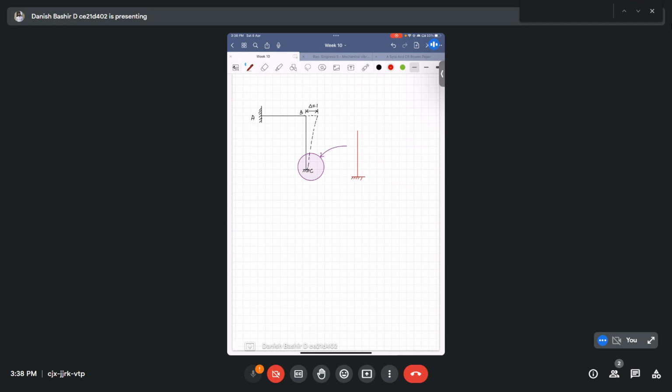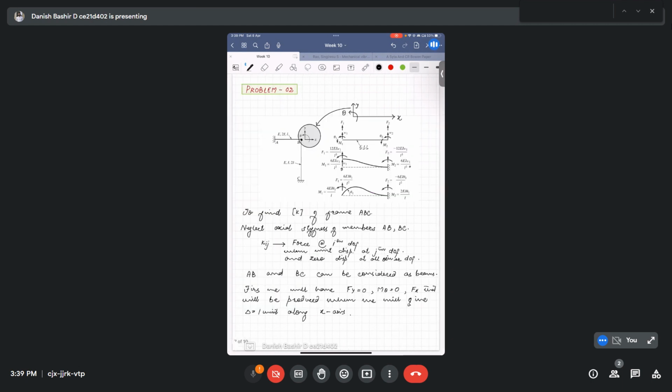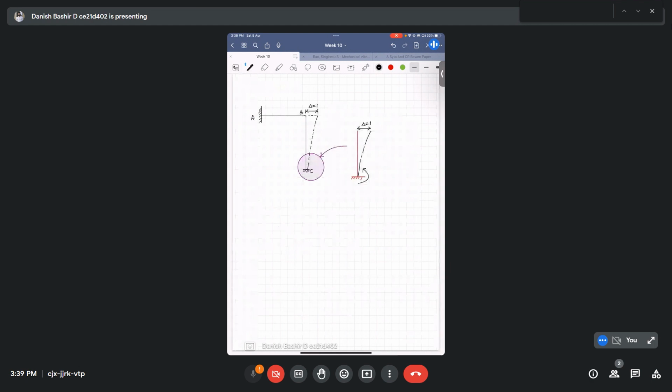When we give delta equal to 1, we will have a force like this induced here, and a moment induced here. It's already here, 6 EI. The moment will be 6 EI, delta is 1, so it will be over L square. Okay, so it is having EI and 2L.